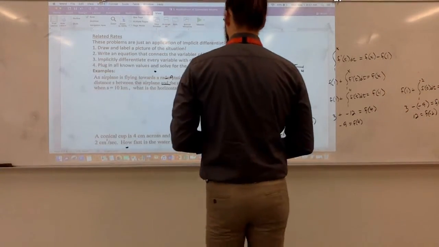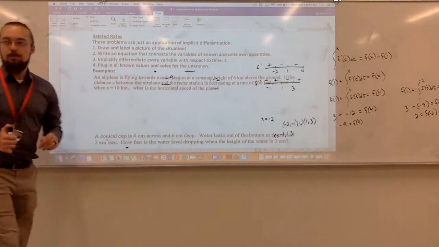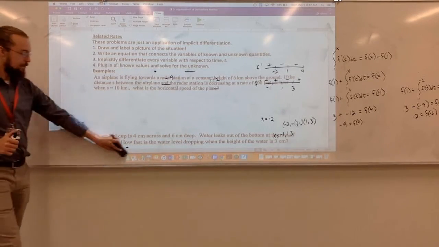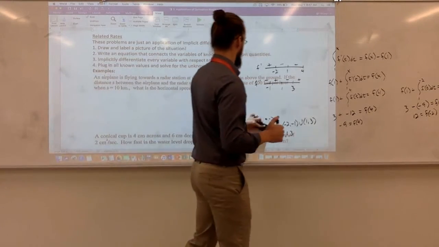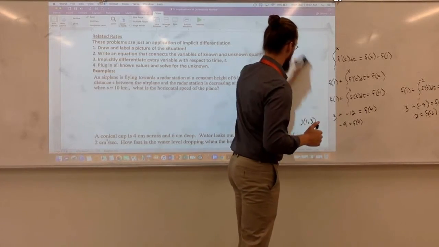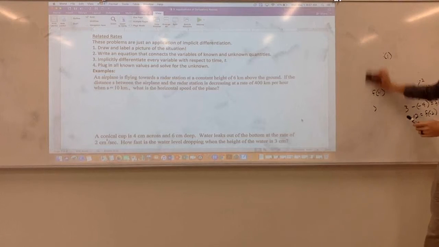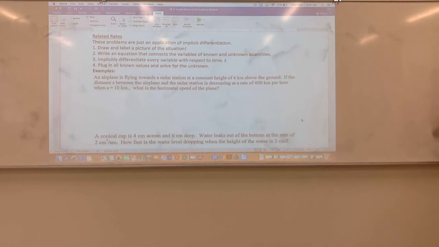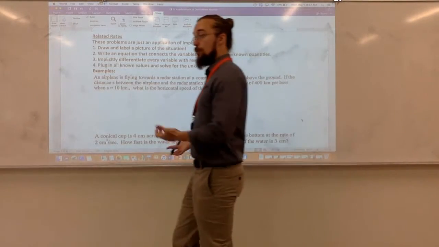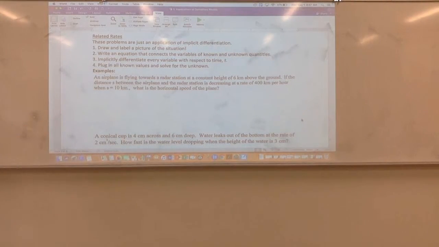Let's look at a couple related rates problems. So related rates are just an application of implicit differentiation. First thing we always want to do with related rates is draw a picture. Draw a picture and label the situation.